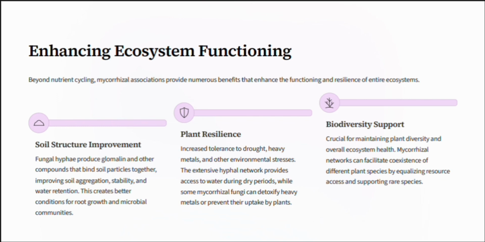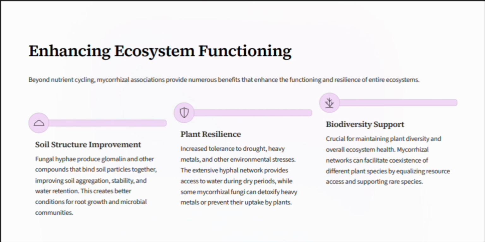Okay, so now we'll see the enhancement in ecosystem functioning by soil structure improvement. The hyphae produce glutamine and other compounds, which help in soil aggregation, stability, and water retention. Then there is plant tolerance to unwanted, unnatural environments like drought or flood or other environmental stresses.